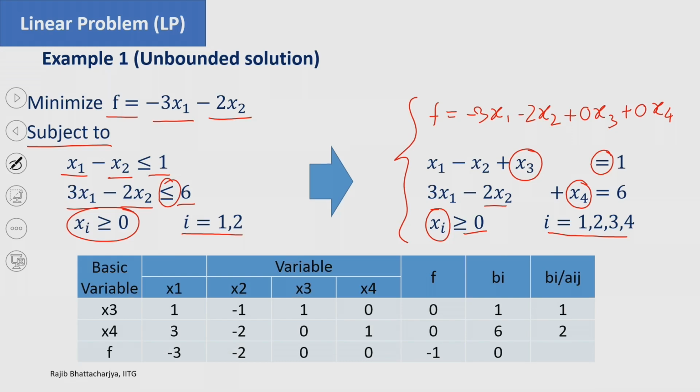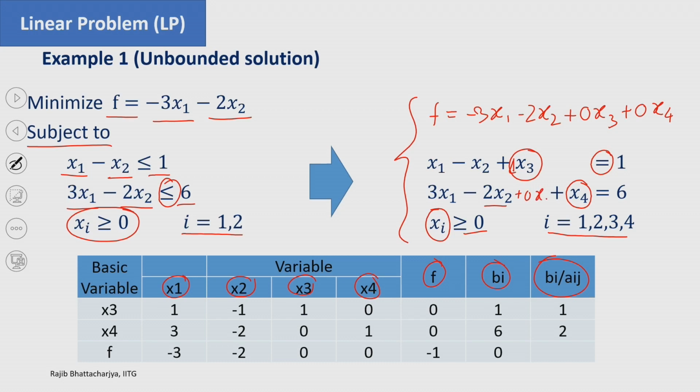If I put this problem in a table, I can call it a simplex table. Here the variables are x1, x2, x3 and x4, so we have 4 variables in total, then the objective function, b_i, and I will calculate b_i by a_ij. Since I have added the slack variables x3 and x4, the coefficient of x3 is 1 in the first equation and 0 in the second.